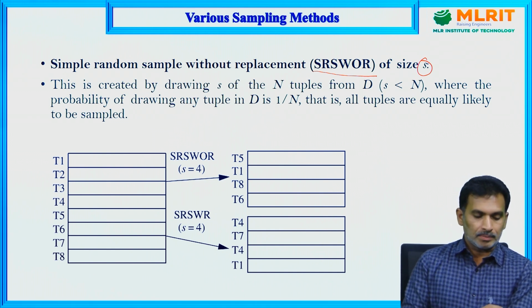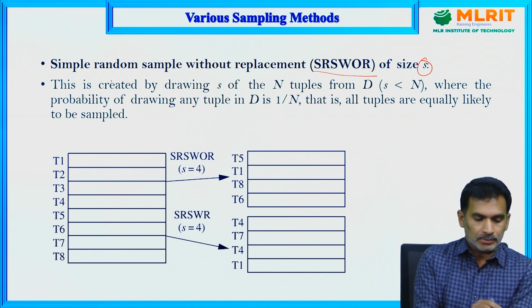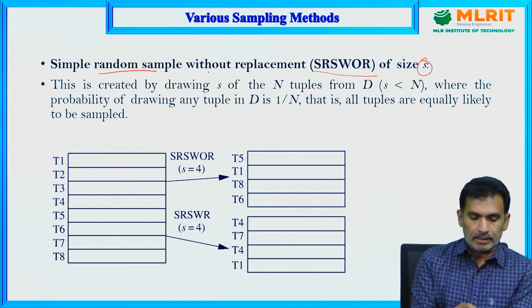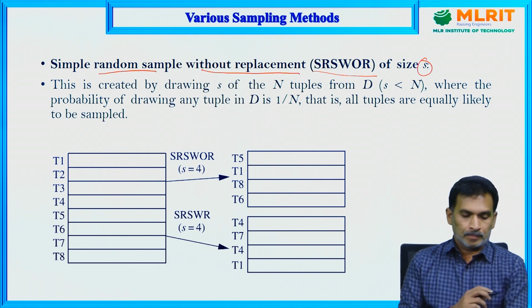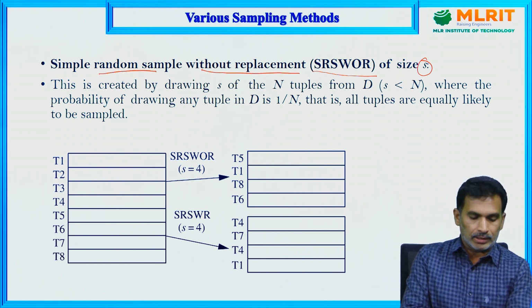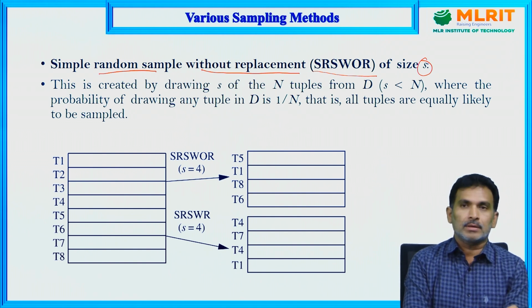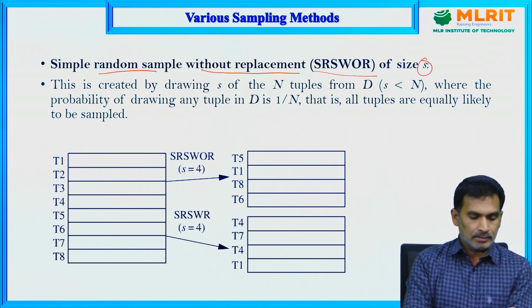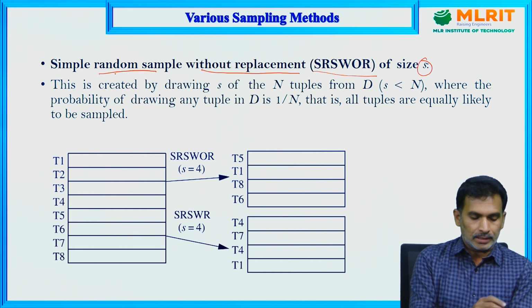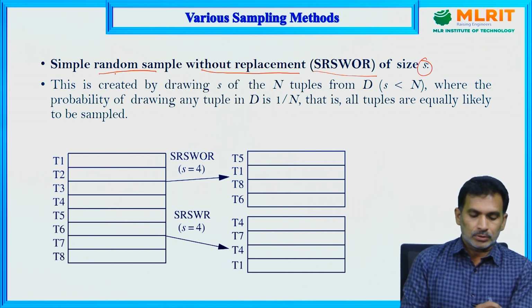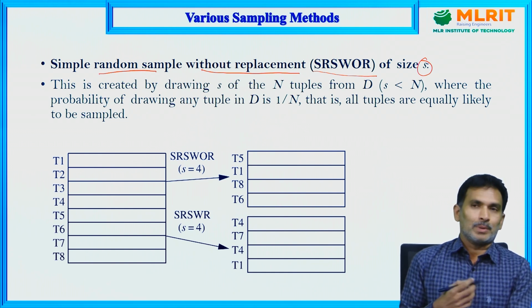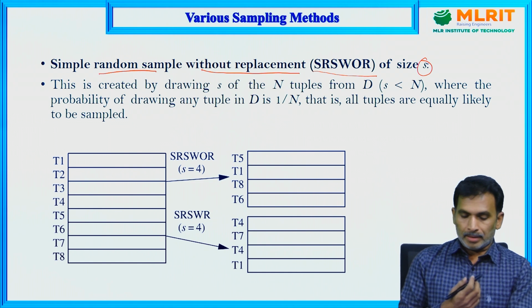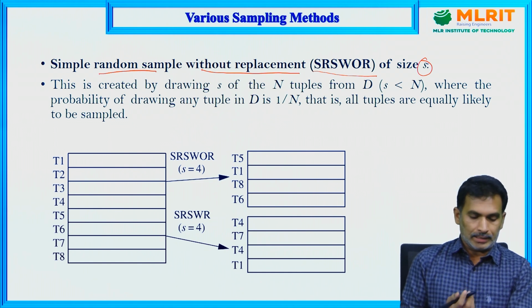There are two terms here: random sample and without replacement. We are going to collect a subset from the entire population. That is, we select at random, and we do not replace whatever tuples we selected.